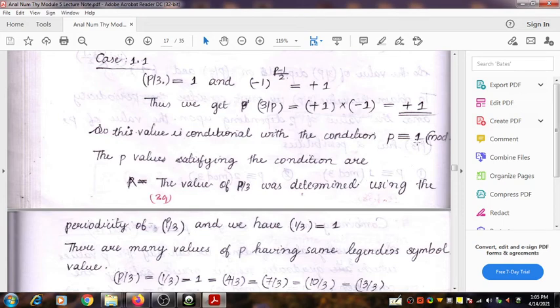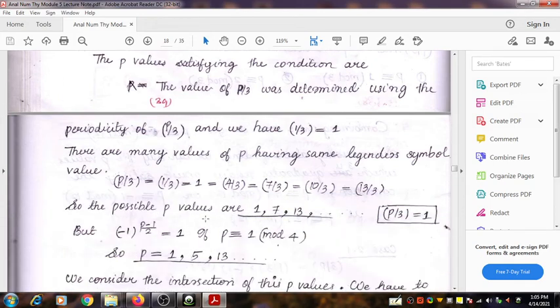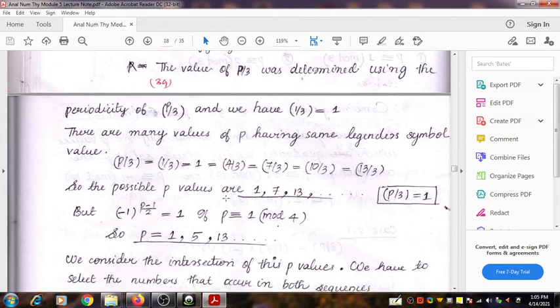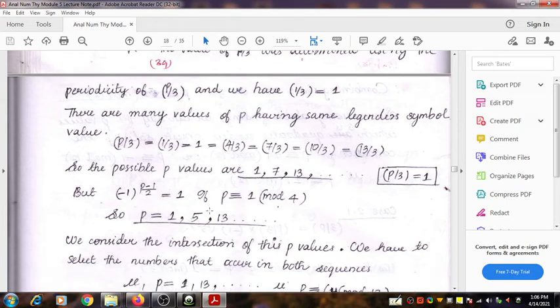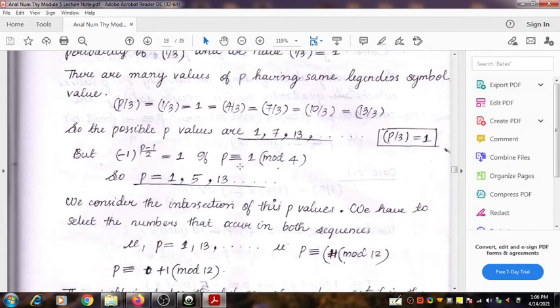Here this is the first condition, P congruent to 1 mod 3, and P congruent to 1 mod 4, and those values are 1, 7, 13, etc. When we combine the conditions, P congruent to 1 mod 3 and P congruent to 1 mod 4, we have the values for P.